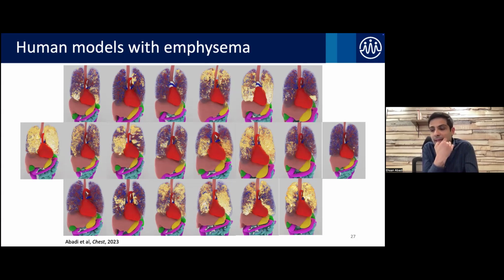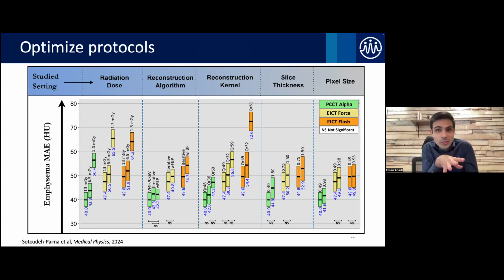And then, knowing the ground truth, knowing exactly how much emphysema we put there and exactly what the definition of the density is for each of these phantoms, we were able to compare the ground truth versus simulated CT images in terms of quantitative CT for density. You can see the results here.